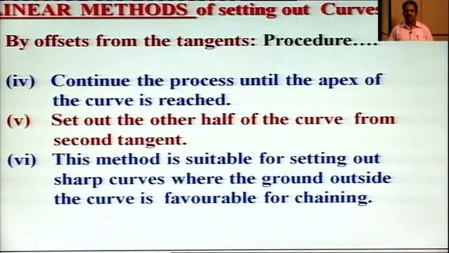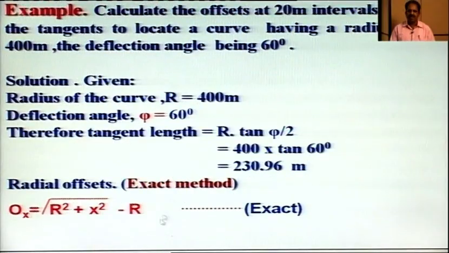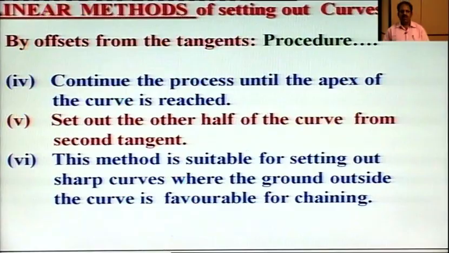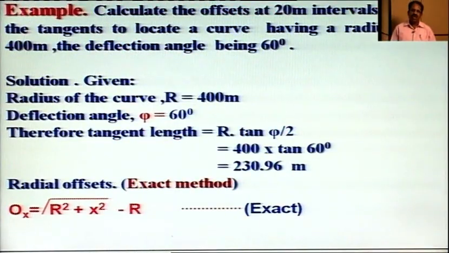This method is suitable for setting out sharp curves where the ground outside the curve is favorable for chaining. So, we have a numerical problem: calculate the offsets at 20 meter intervals along the tangents to locate a curve having a radius of 400 meter, the deflection angle being 60 degree.